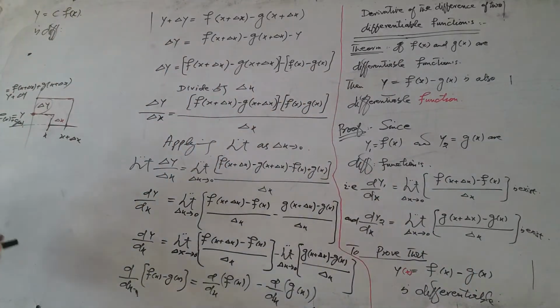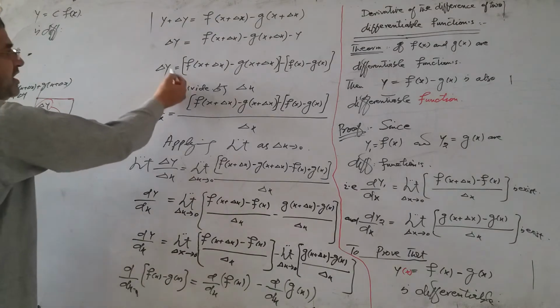Now, the change in the dependent variable is due to the change in the independent variable. Therefore, we calculate the ratio of the change in the dependent variable with respect to the change in the independent variable. Therefore, we divide this by del x.